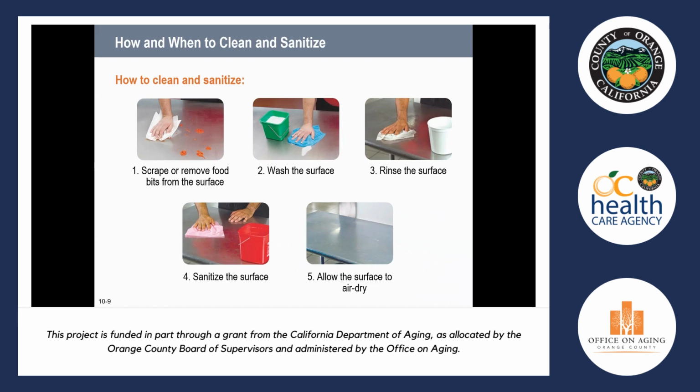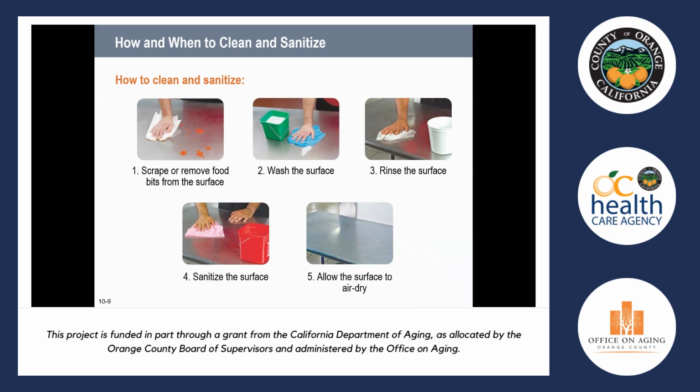Rinse the surface. Use clean water. Rinse the surface with the correct cleaning tools, such as a cloth towel. Sanitize the surface. Use the correct sanitizing solution. Prepare the concentration per manufacturer requirements.